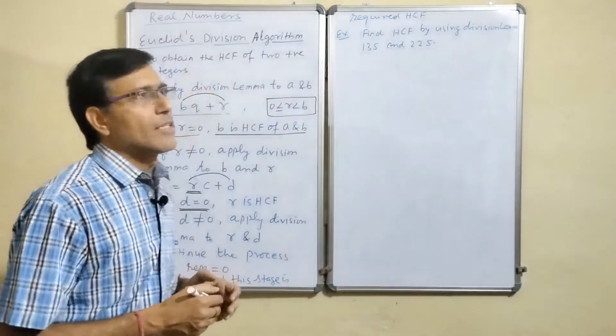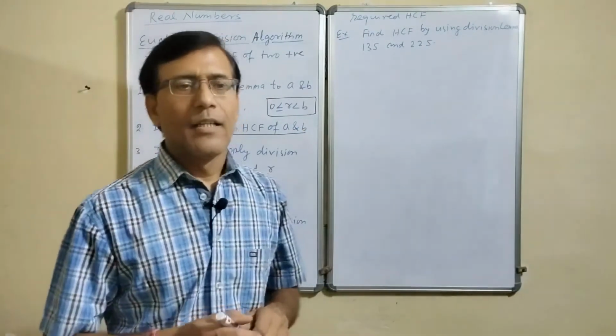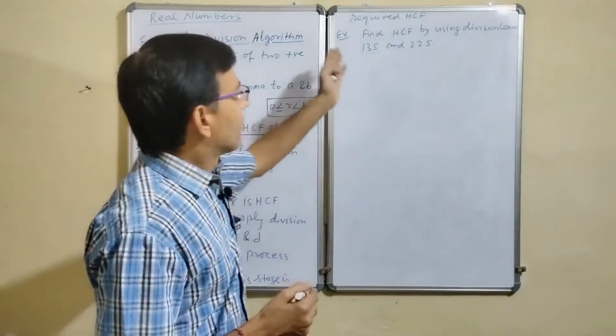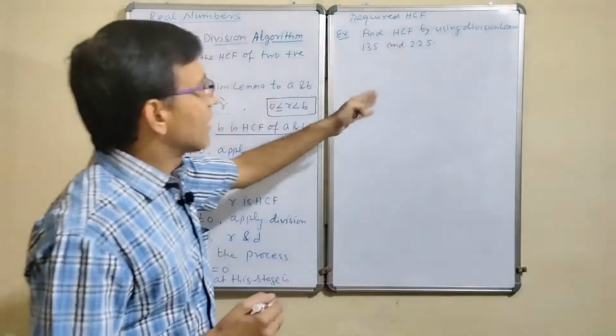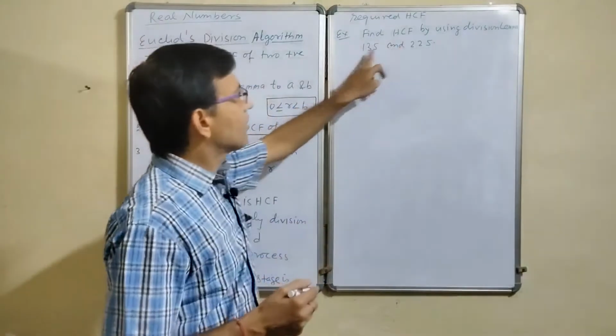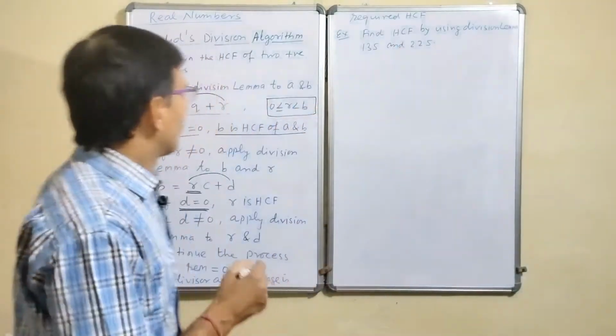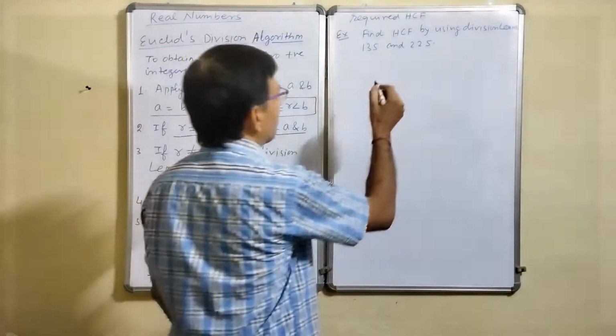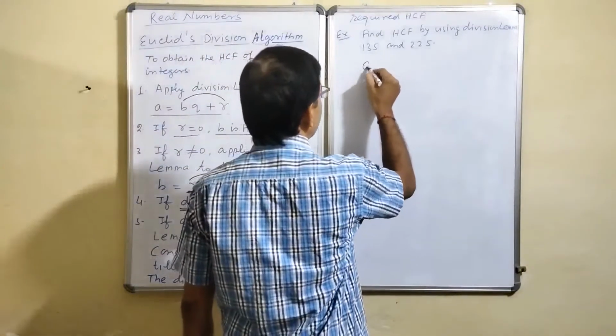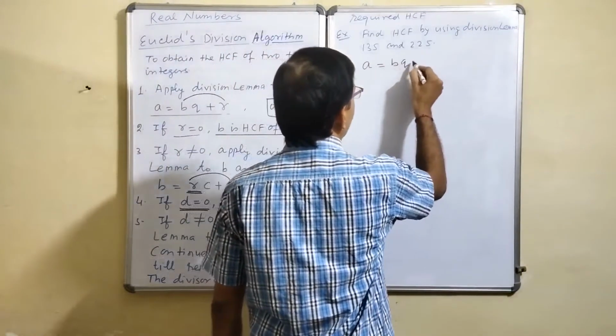So now let us see some examples to understand this algorithm. Find the HCF by using the division lemma, and here these two numbers are given. Now in the first step, the formula is a is equal to bq plus r.